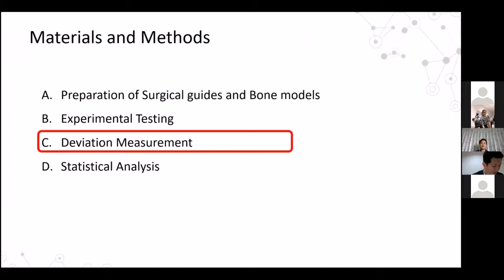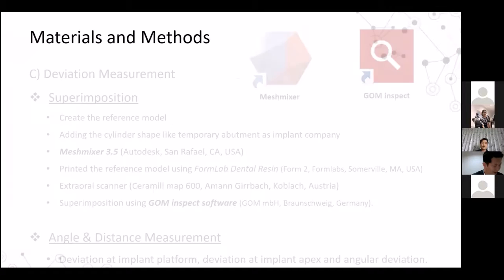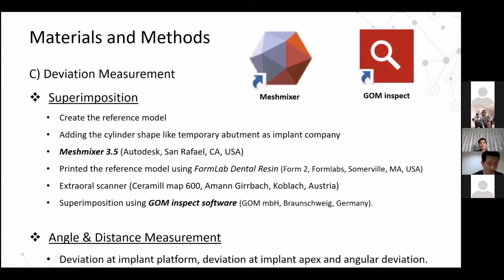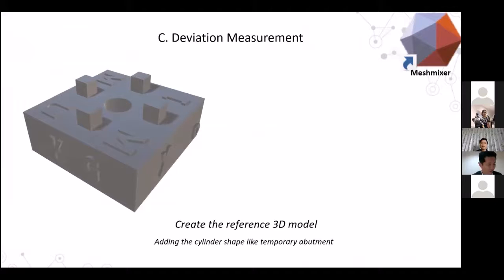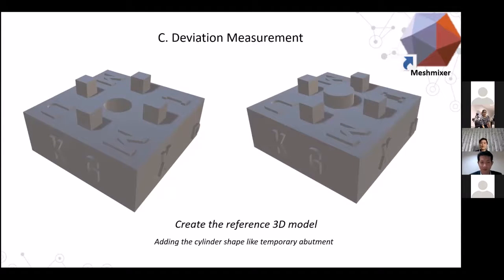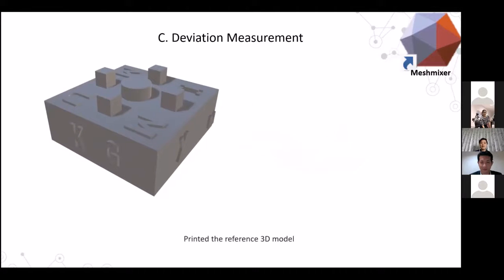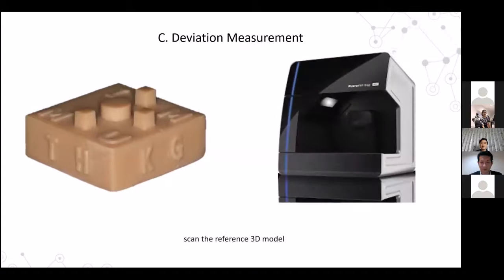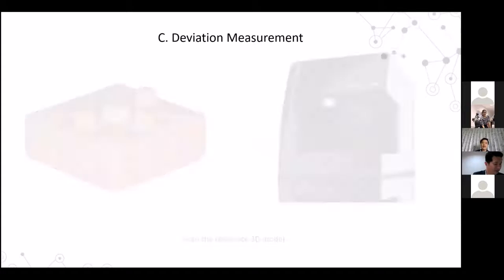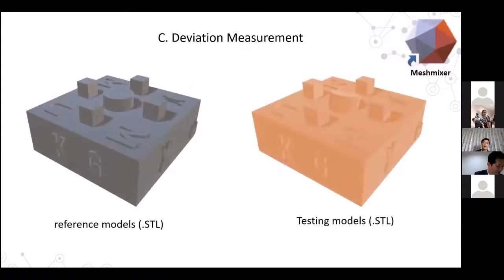Next is deviation measurement. Before the deviation measurement, we need to create the reference model before superimposition. Create the reference 3D model by adding a cylinder shape like the temporary abutment, and then we print it and scan the STL file, with the left side for the reference model and the right side for the setting model.